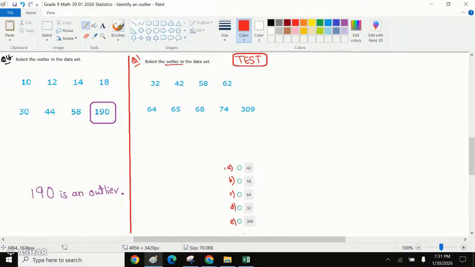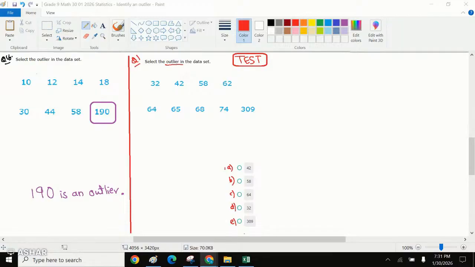The numbers given are 32, 42, 58, 62, 64, 65, 68, 74, and the last number is 309. So which number do we see that is furthest away from the majority of numbers? Which number is the outlier?